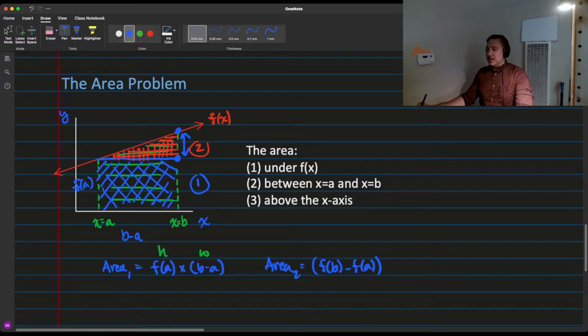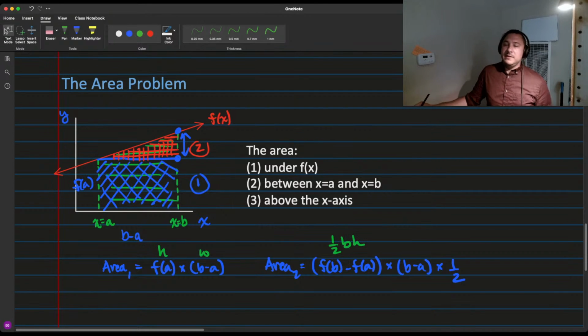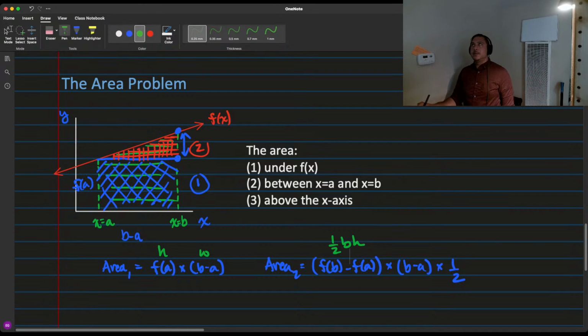That times the width, which is also b minus a, and then half of that from the triangle formula, because you get 1/2 of base times height. So if you're looking for the area under a line, it's pretty straightforward. You break it up into a rectangle and a triangle. Not hard at all. It shouldn't be mind-blowing, just like how if you're going at constant speed, you always know at any instant how fast the object is going.